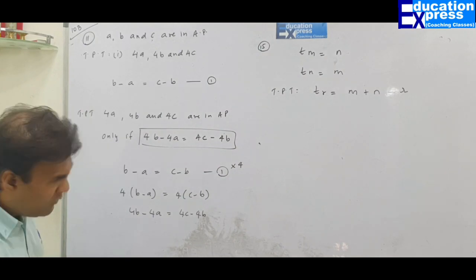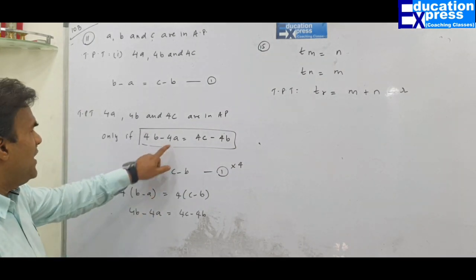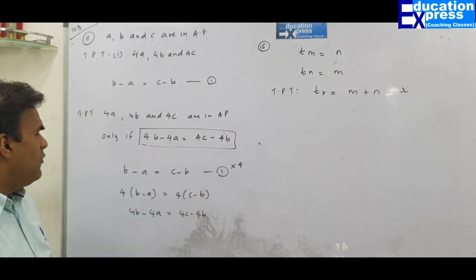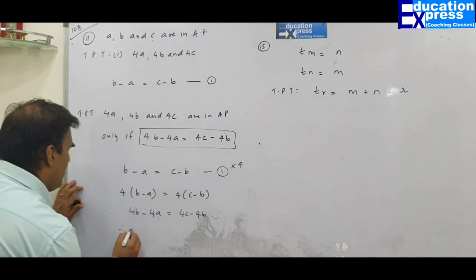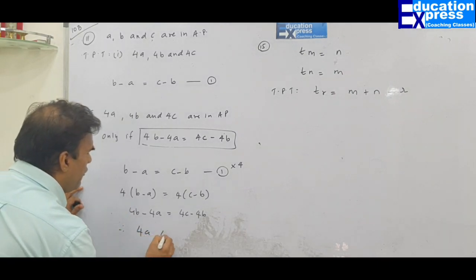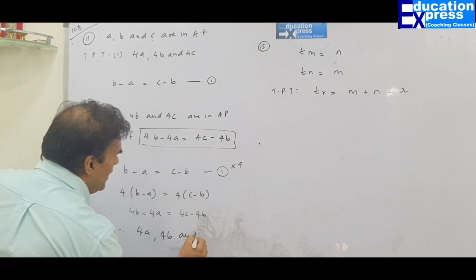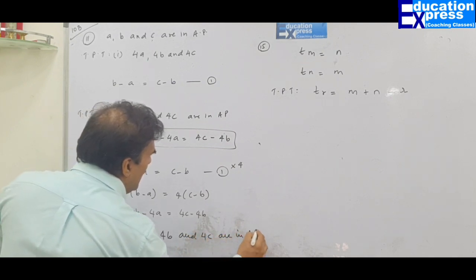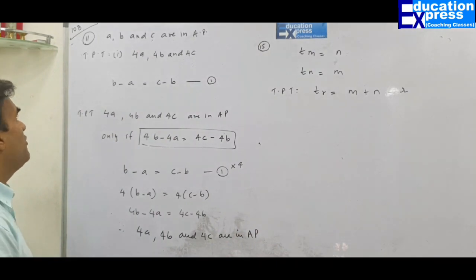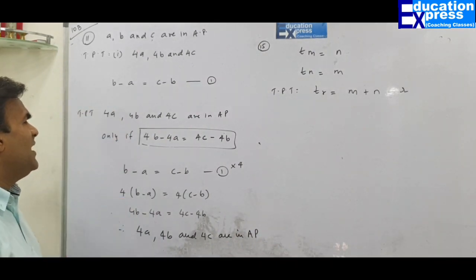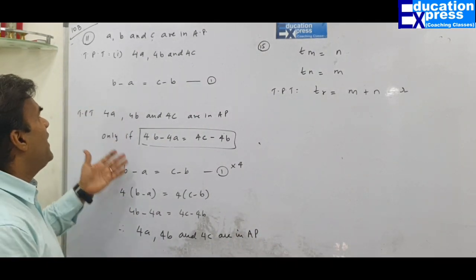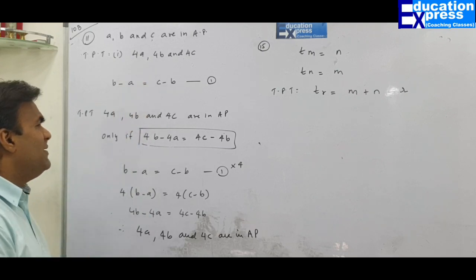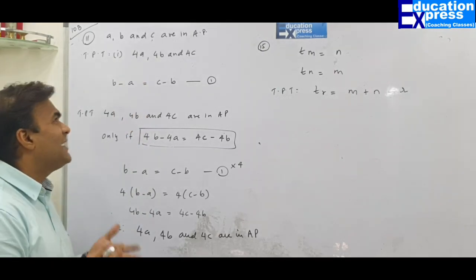Since it is proved that 4B minus 4A equals 4C minus 4B, therefore 4A, 4B and 4C are in AP. I told you it's a very simple question. For any series to be proved as in AP, we only have to verify whether the second term minus the first term is the same as the third term minus the second term.